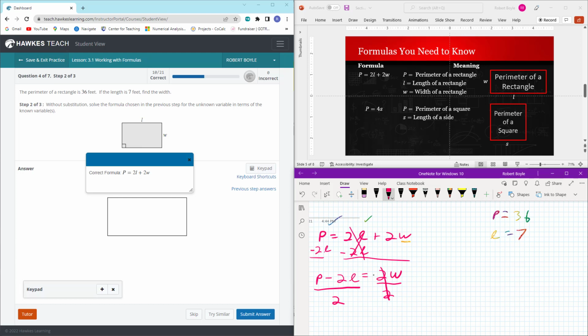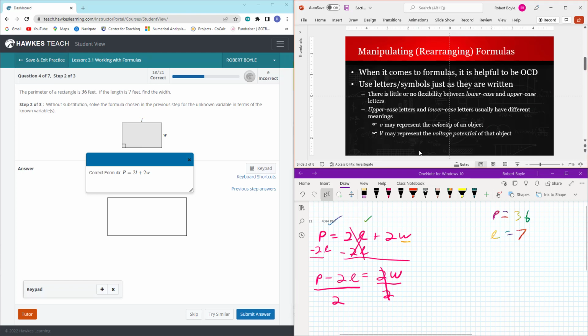And over here, remember my little comment about you have to be LCD, and you have to understand that sometimes you just have to write things just as they are written. This is one particular case. So your answer would be, if you flipped it, W is equal to P minus 2L over 2.